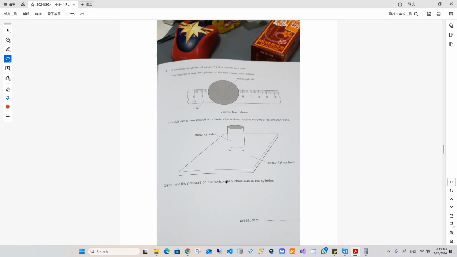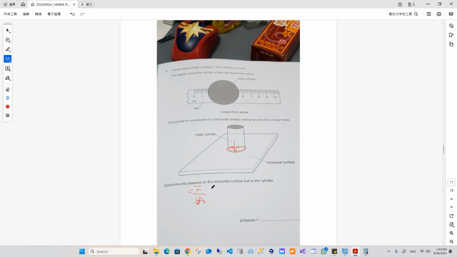Horizontal surface, so this is the surface. Pressure equals force divided by perpendicular area. The force this cylinder puts on the plate exerts pressure on a particular area.